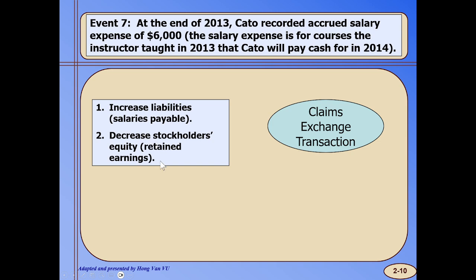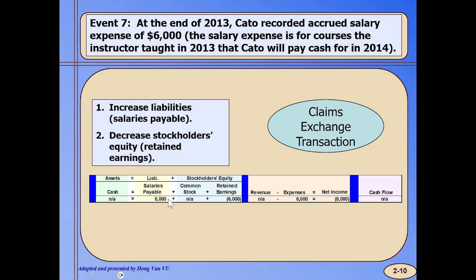The salary expense is recorded in the income statement as an expense. The statement of cash flows is not affected because no cash is paid yet, right? So we have salaries payable increase 6,000 and retained earnings decrease 6,000.